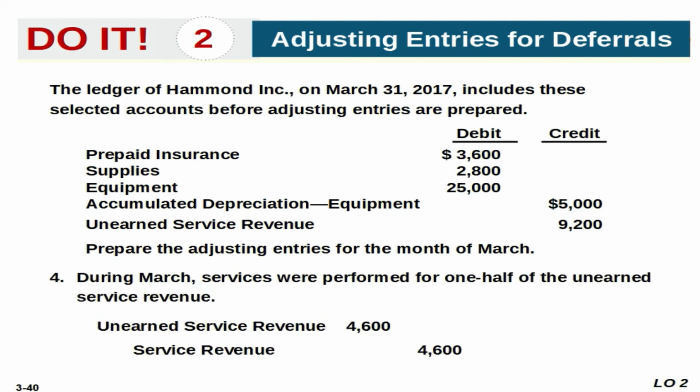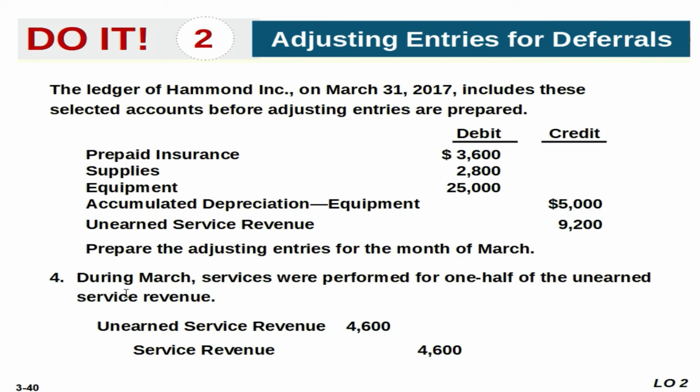Then finally, the fourth thing that they require from us is an adjusting entry for unearned service revenue. During March, services were performed for 1/2 of the unearned service revenue. So originally, people gave us $9,200 in cash for a service that we have not yet provided. They paid us in advance, so we can walk away with that money, or we can fulfill the service, right?